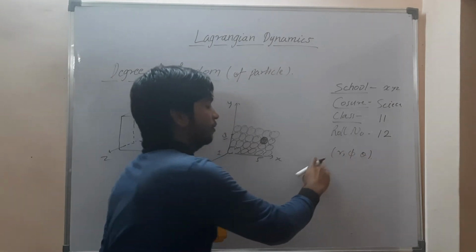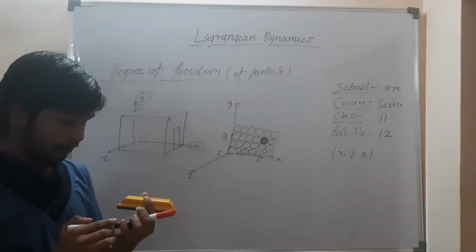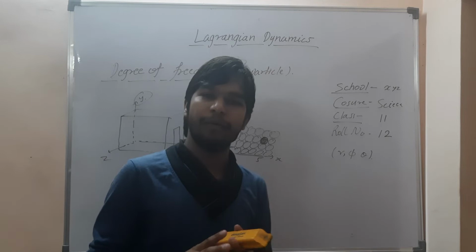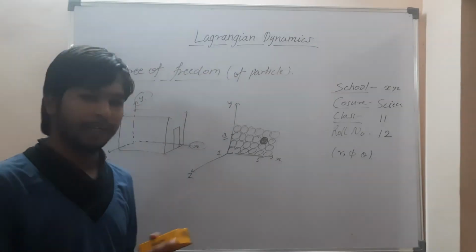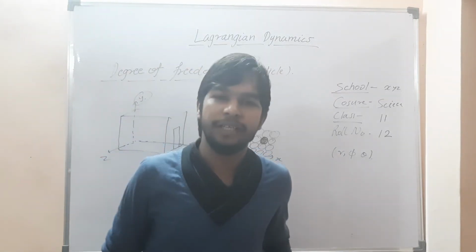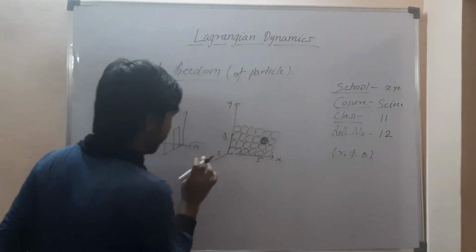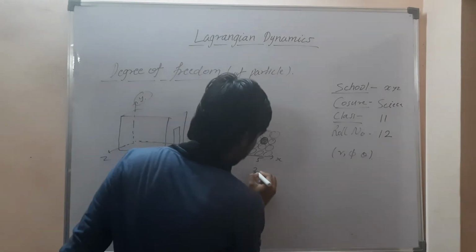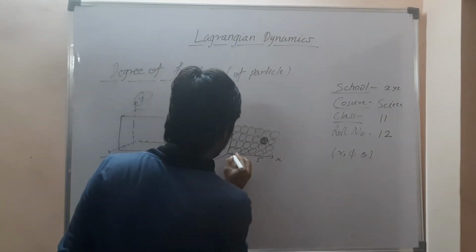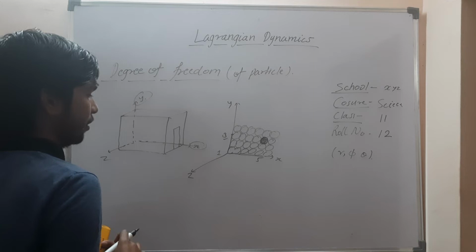We can define it like this. So for defining the position of this particle, how many coordinates do we require? 3 coordinates. So the degree of freedom, the minimum number of required coordinates, is 3.